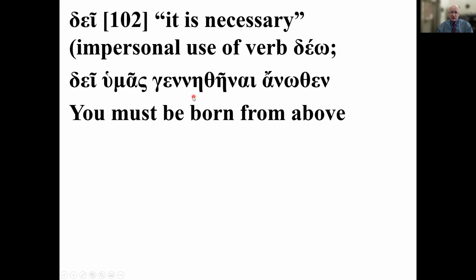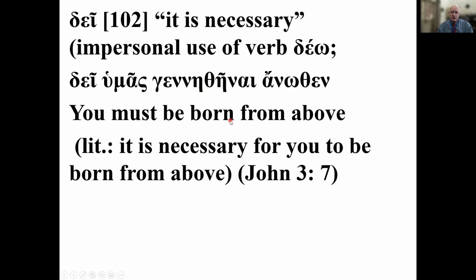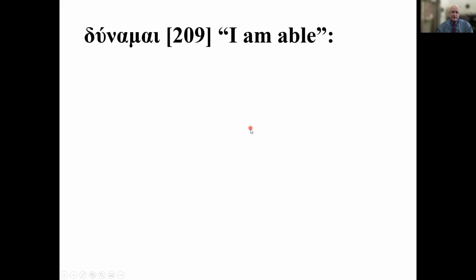That would be in the case of a mother, she can bear a child, but a man can be born. In other words, passive voice, it happens to him. In fact, it is necessary, Jesus says to Nicodemus in John chapter 3, you must be born from above, anothen, from God. It is necessary for you to be born from above.